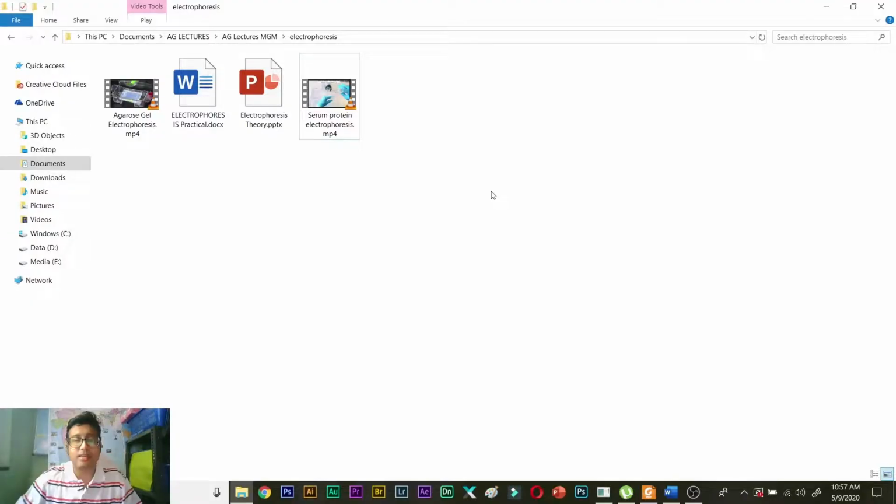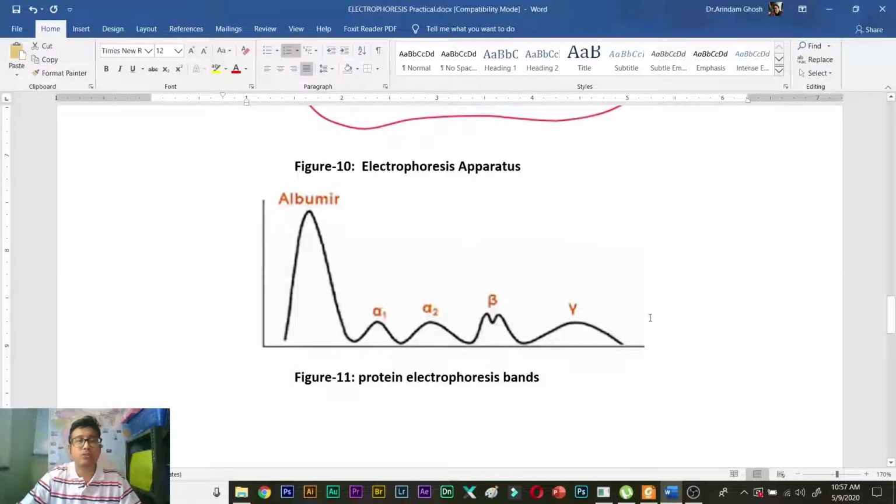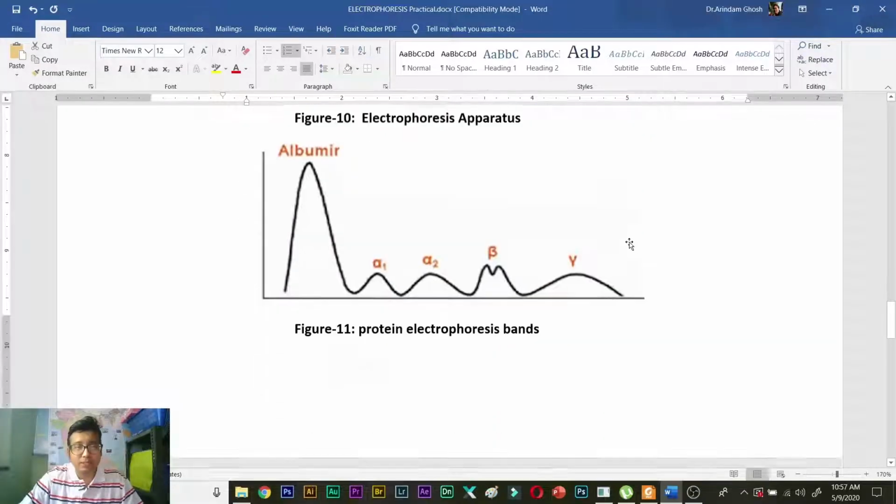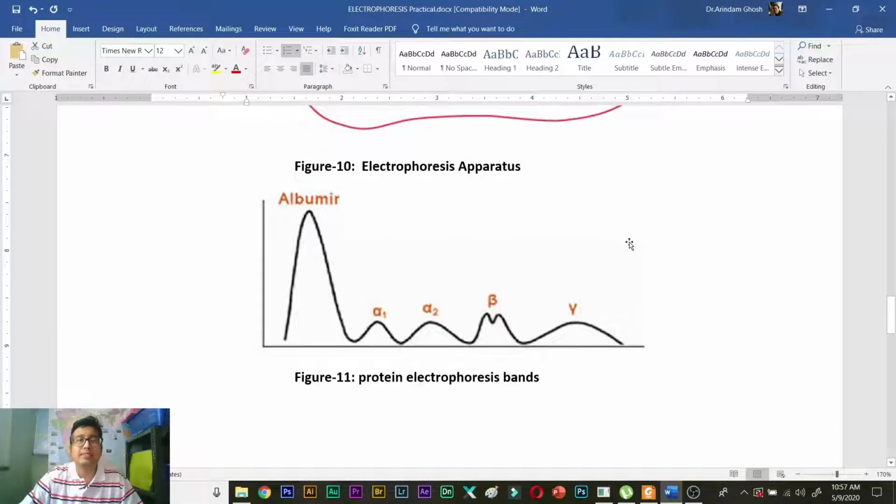Now let's go back to serum protein electrophoresis for a while. I told you, if the gel is put in a densitometer, the densitometer will give a reading like that band, and that band is analyzed by software to give the exact value, and from this value we will have an idea whether the serum protein pattern is normal or not.